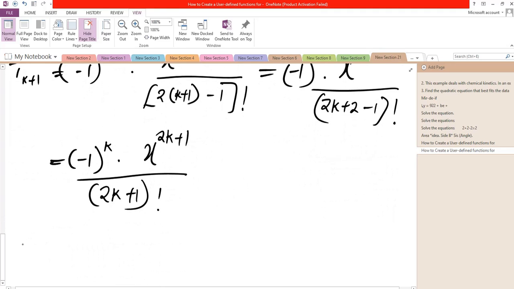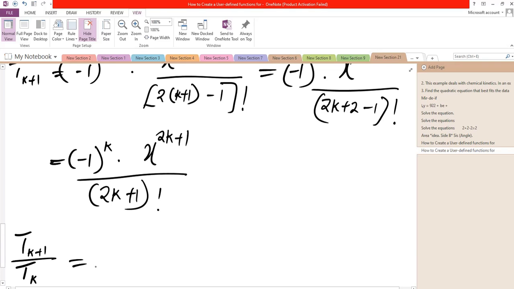Now let's look at the ratio, t subscript k plus 1 divided by t subscript k.